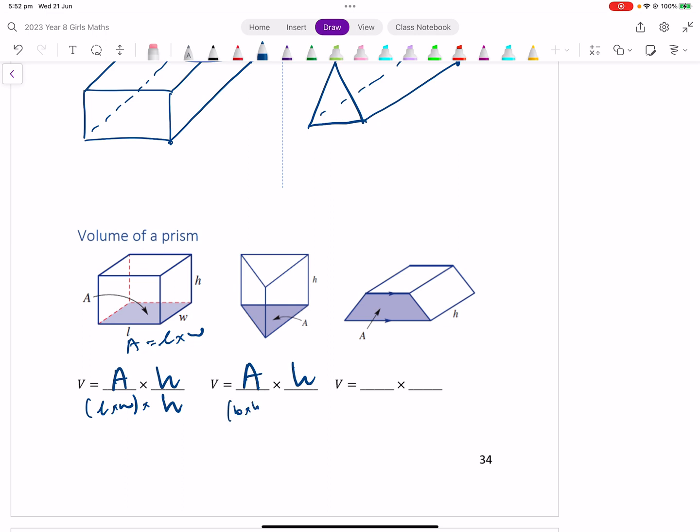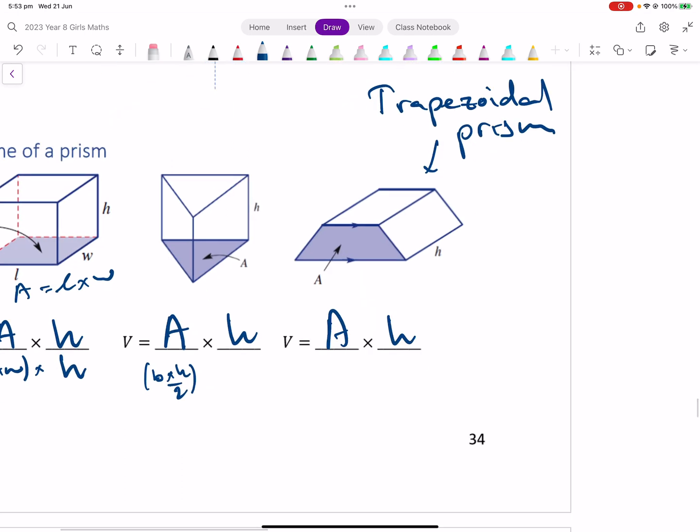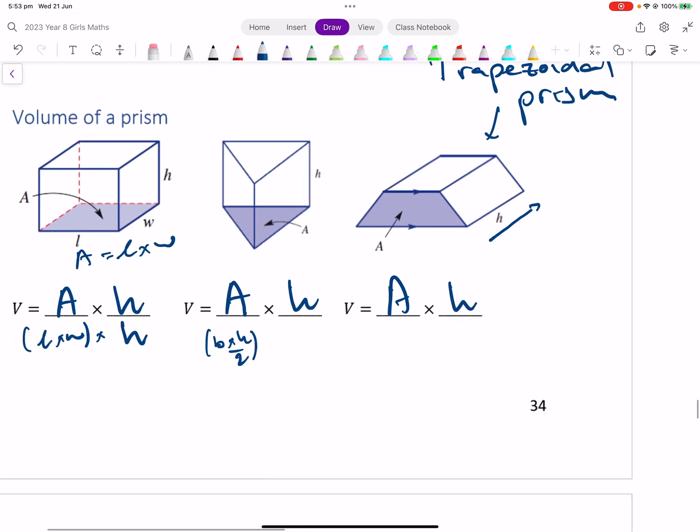Base times height over 2 for a triangle. The area of a trapezoidal prism. This guy is a trapezoidal prism. So the volume is area times height. And in this case, because he's lying on his side, height is that dimension there. And the area of a trapezium, you might remember, is the other little h, which is this distance here, over 2 times (a plus b).